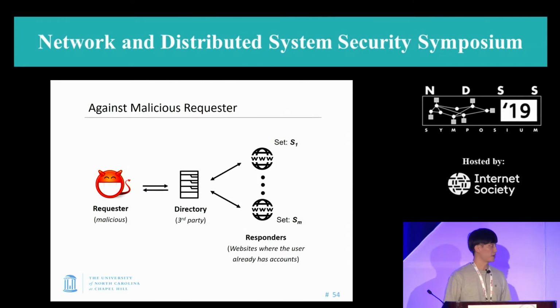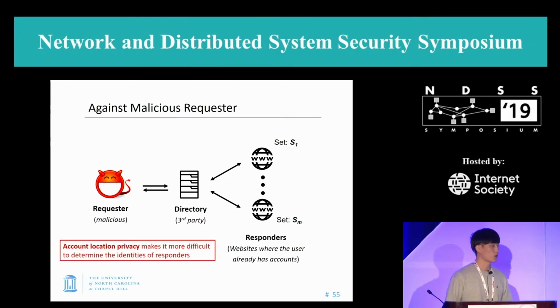Some of you might have started to wonder: what if a malicious requester is trying to figure out the responder set by launching a large number of queries? In fact, it'll be hard for the requester to do that because, first, account location privacy makes it more difficult to determine the identities of the responders. Second, the directory could ask for the user's confirmation to proceed with the protocol.